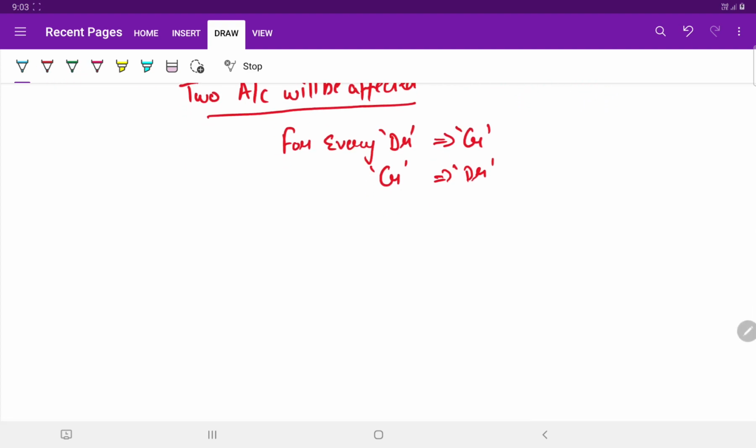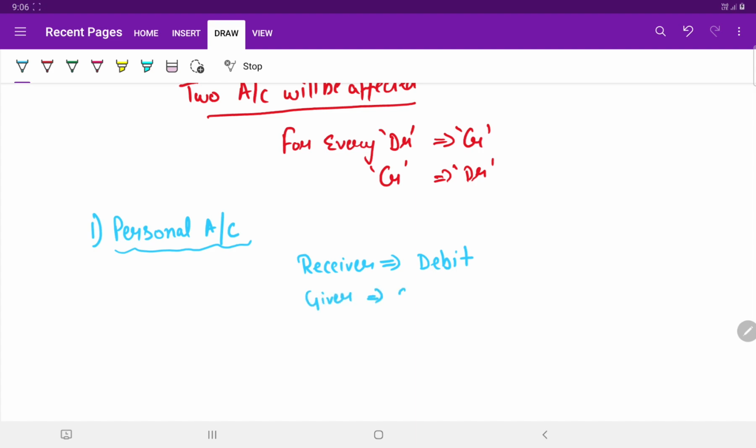Number one is for the personal accounts. Now what are the personal accounts and how are they debited or credited? In this case, the receiver of the cash entries is always debited, whereas the giver of the transaction or the money is always credited.